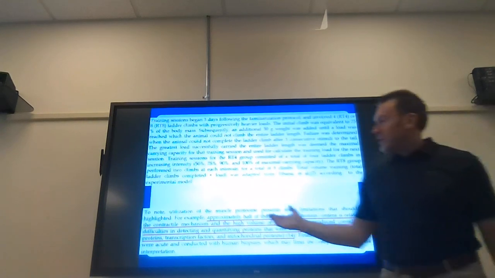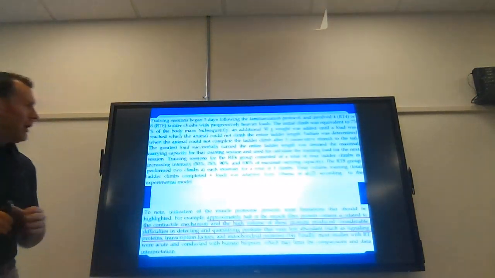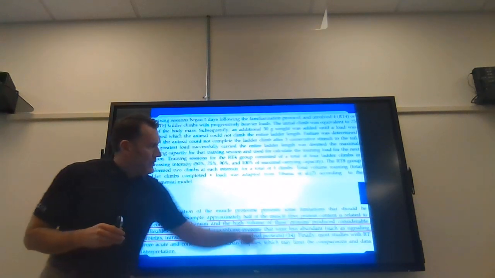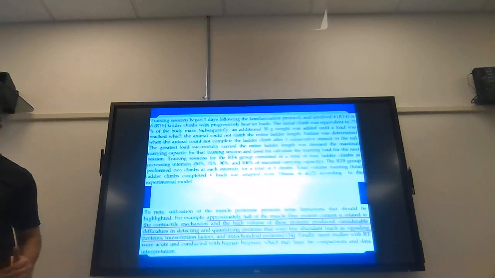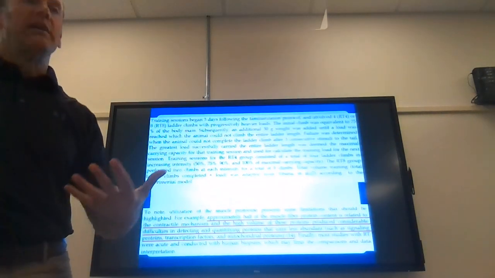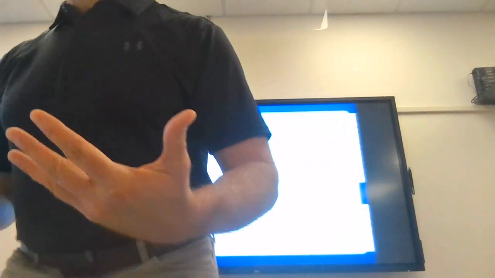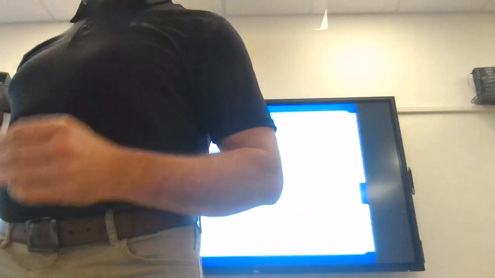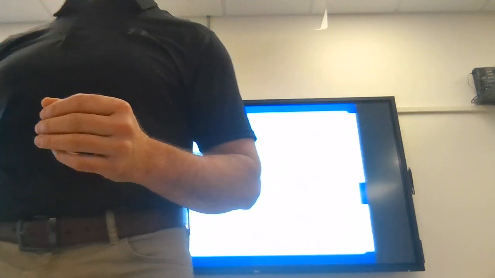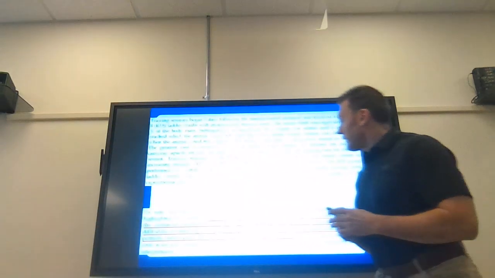Okay, so underlined in red here, here's what they found. Approximately half the muscle fiber protein content is related to the contractile mechanism. Okay, so half the proteins in a muscle cell are involved with muscle contraction. That's a useful finding, I think.